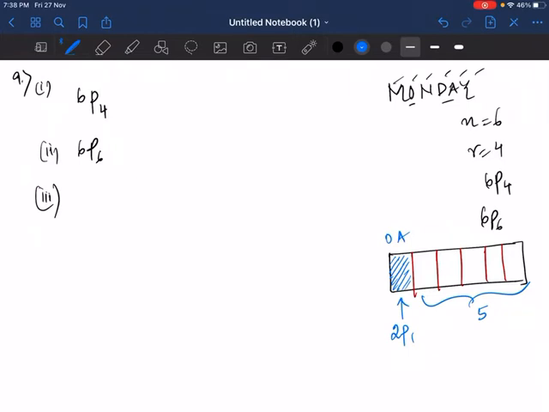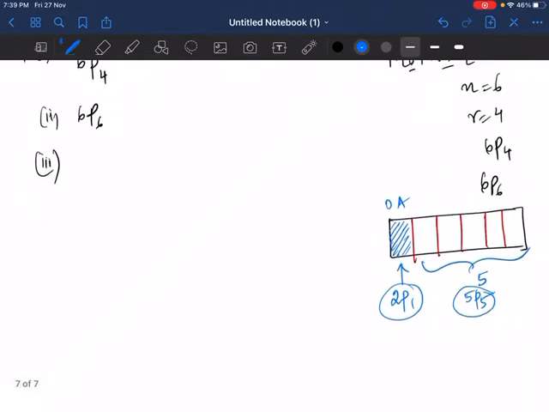So it will be 5P5 ways to fill the remaining compartments. Then what is the total number of words we will get? By the multiplication principle, it is 2P1 into 5P5. That will be my answer.